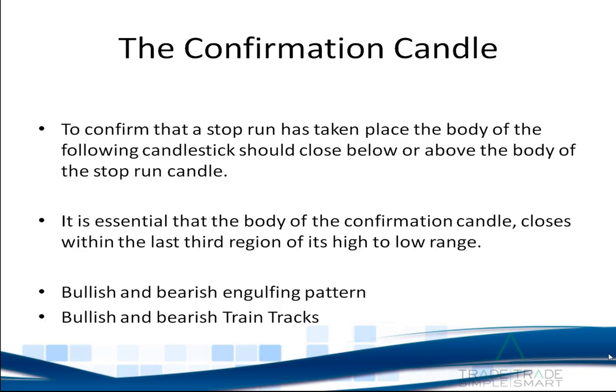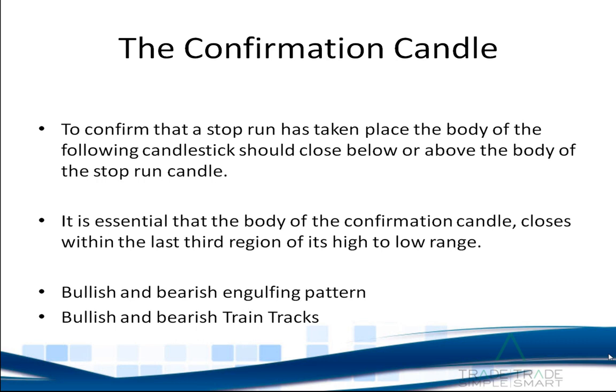The second step is the confirmation candle. To confirm that a stop run has taken place, the body of the following candlestick should close below or above the body of the stop run candle. It is essential that the body of the confirmation candle closes within the last third region of its high to low range.